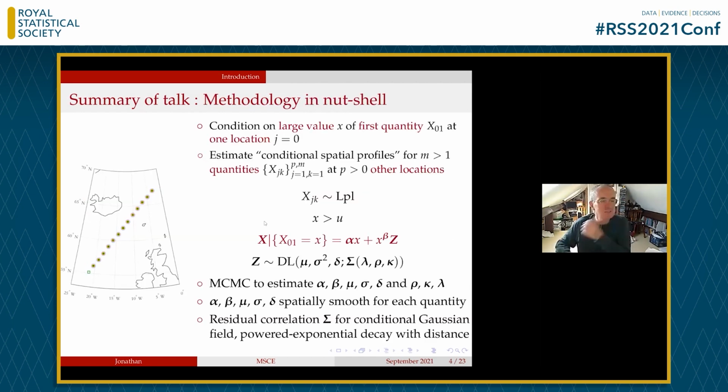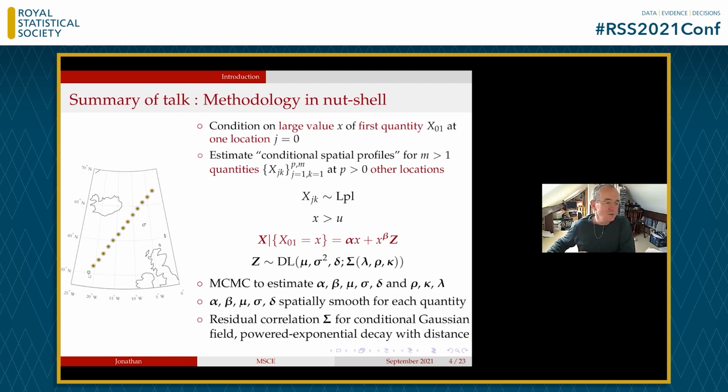Okay, so this is the important slide, right? So get this, and then we're cruising. So imagine that we've got a set of points between the British Isles and Iceland. And imagine at each one of these points, we're going to be observing a lot of different quantities. So we're going to assume that one of those quantities, the green quantity here, is going to have an extreme event at the square, at the southwestern location on this transect.